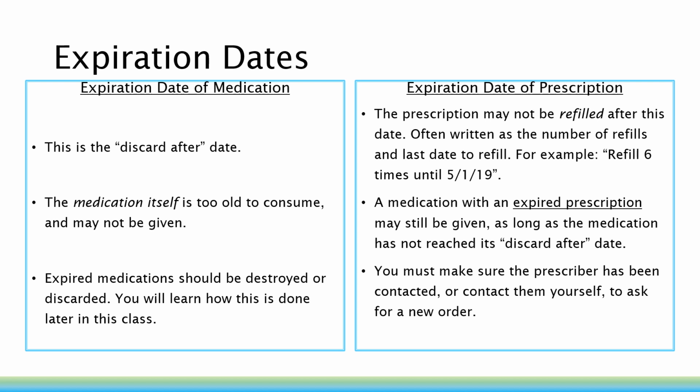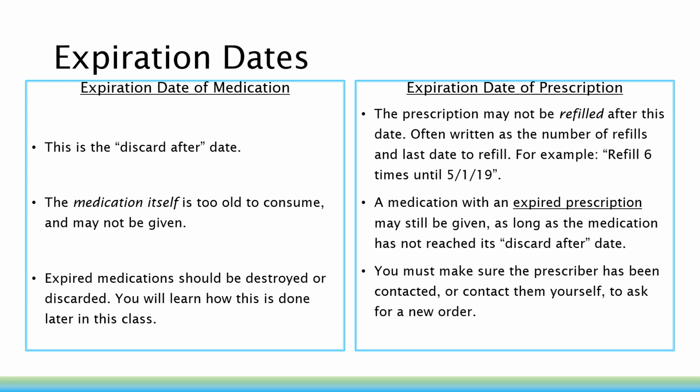Expiration date of prescriptions. The prescription may not be refilled after this date, often written as a number of refills or the last date to refill. For example, refill 6 times until May 1st, 2019.